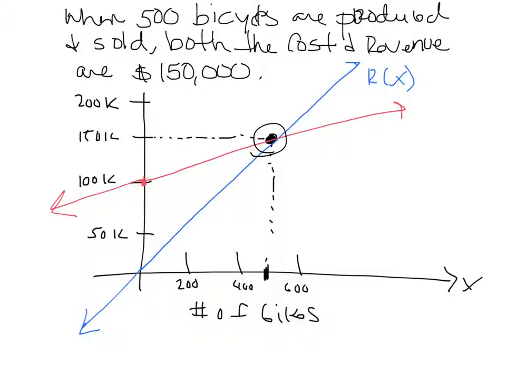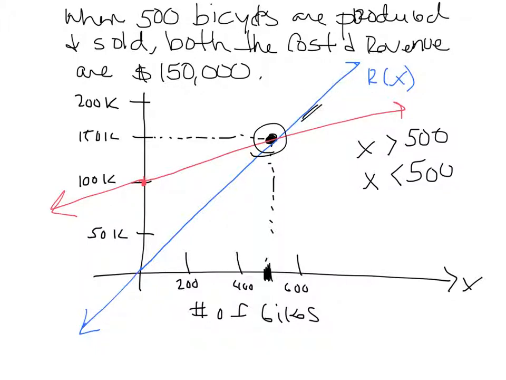I want you to notice what happens if you produce and sell more than 500 bikes, or less than 500 bikes. Here's 500 bikes. If you sell more, this is all gain.